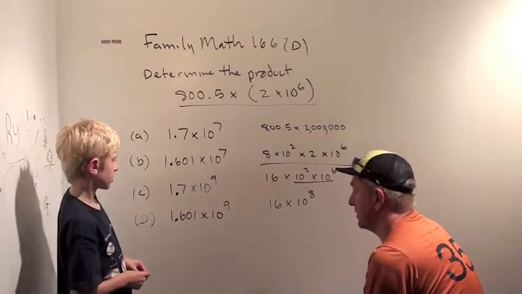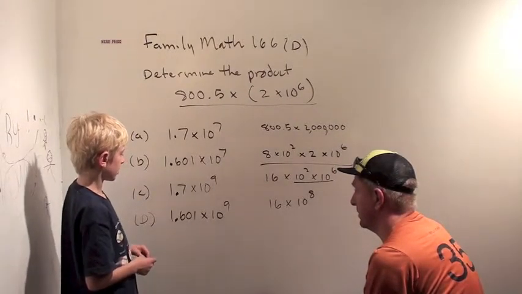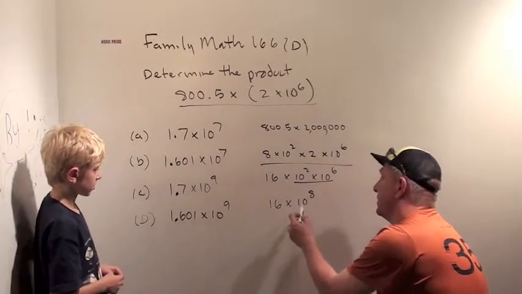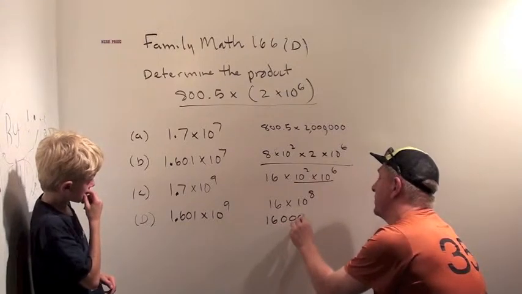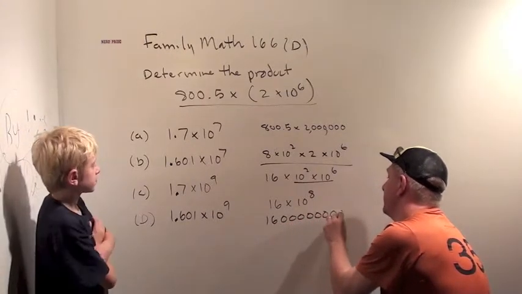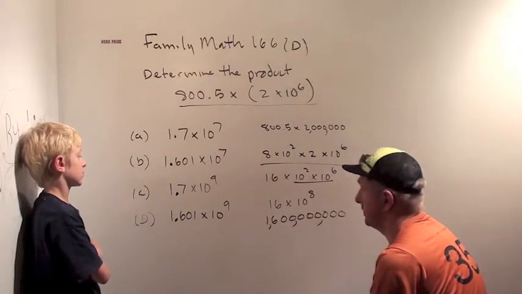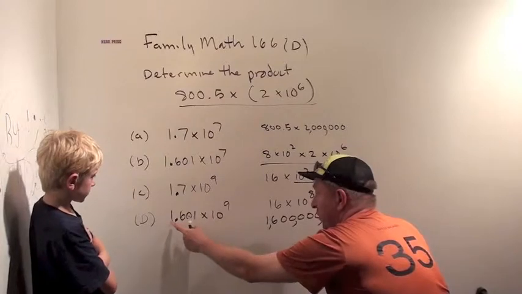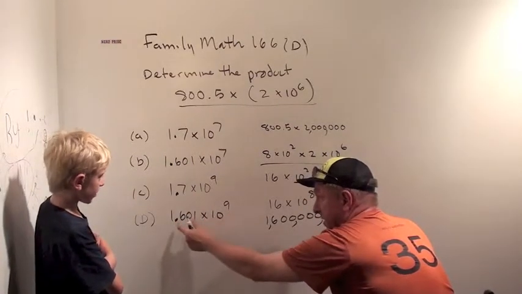I think it's maybe C. This is 16, 1, 2, 3, 4, 5, 6, 7, 8. It's got 9 zeros, but it's got that decimal.